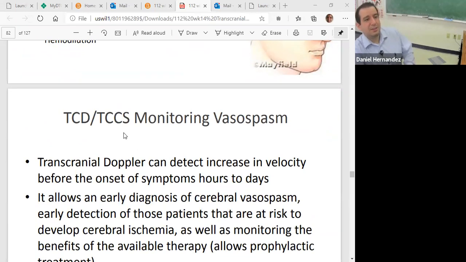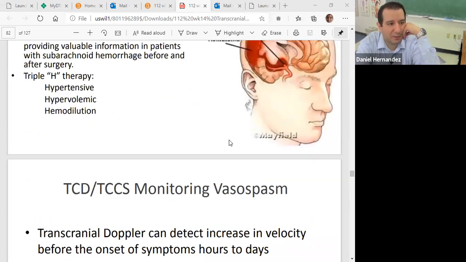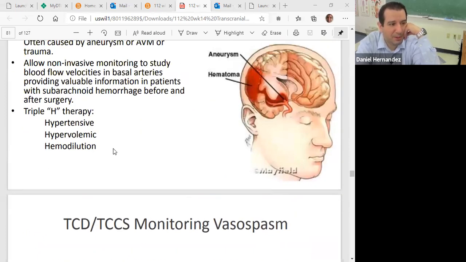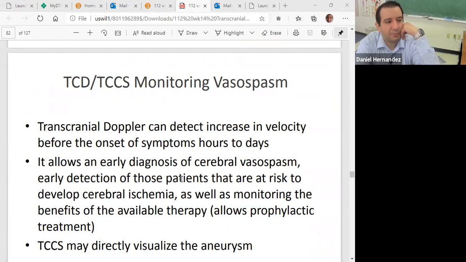So TCD and TCCS monitoring for vasospasm. Intracranial Doppler can detect an increase in velocity before the onset of symptoms, hours to days. So that's good. If we're able to get ahead of the game in patients that are at risk for vasospasm before the onset of symptoms, we can start employing some of these therapies to prevent ischemic damage as a result of vasospasm.